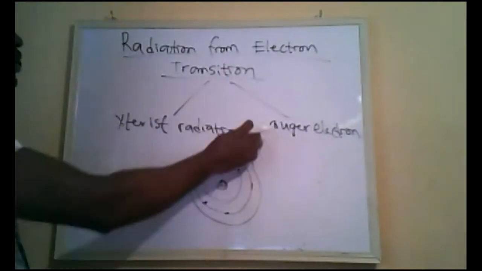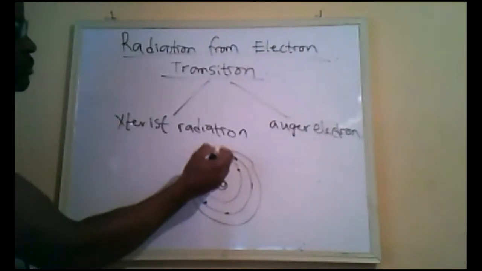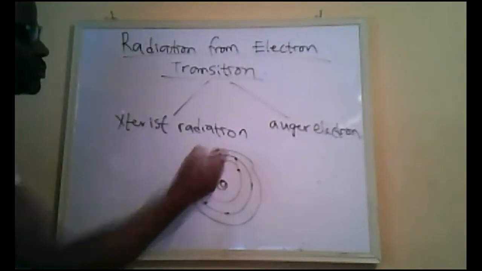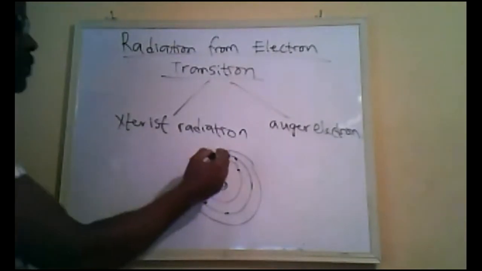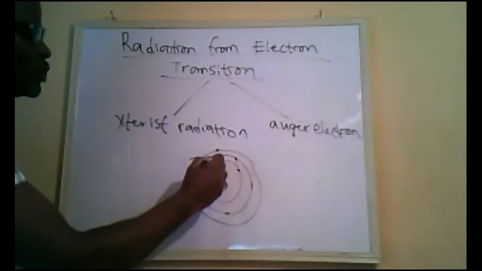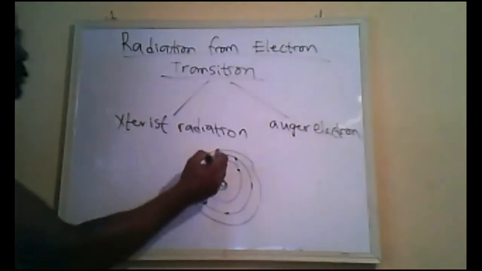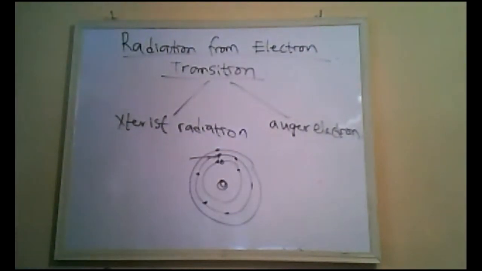A characteristic radiation mainly refers to a transition from one shell to the other. Assuming this electron receives an amount of energy, it becomes excited and has more energy now. It goes down to this particular energy level because it can no longer be accommodated here.